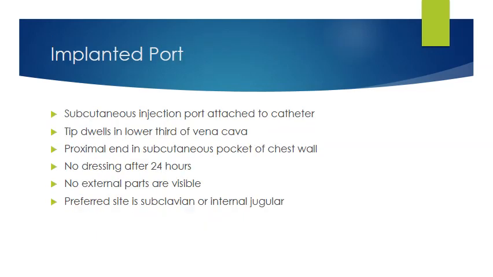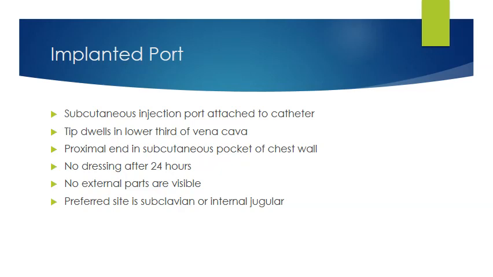And then last, we're going to talk about an implanted port. It's a port that's attached to a catheter that is implanted subcutaneously. Again, it dwells in the superior vena cava. The proximal end is implanted in the subcutaneous tissue there in the upper chest wall.